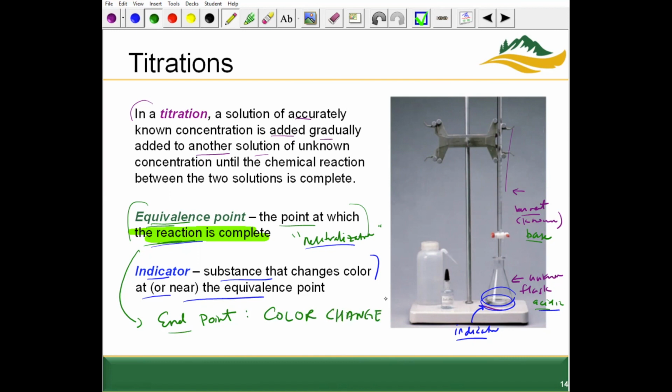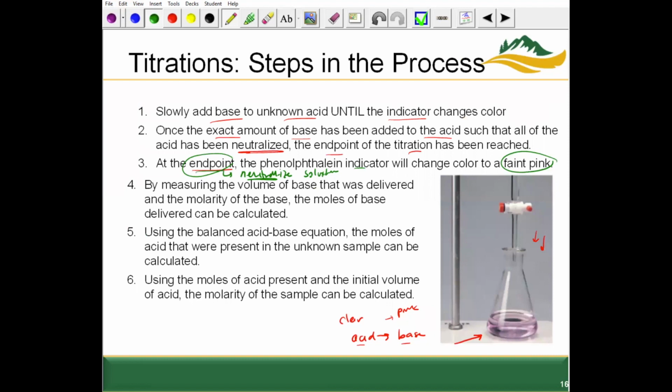Okay, so just a subtle difference here between our equivalence point and our endpoint. At the endpoint, we're going to see the color change. For an equivalence point, it's when the reaction is complete. These don't always perfectly match up. Generally, they do. So at our endpoint, the reaction is complete and we see that color change.